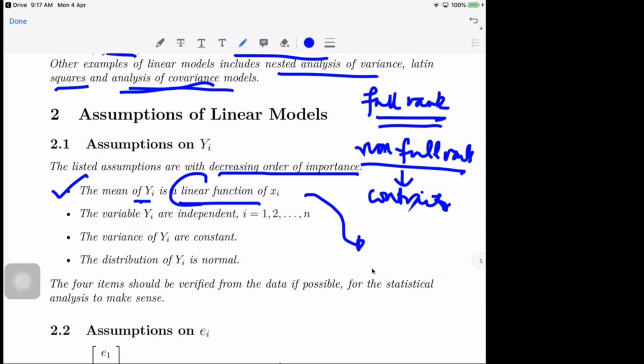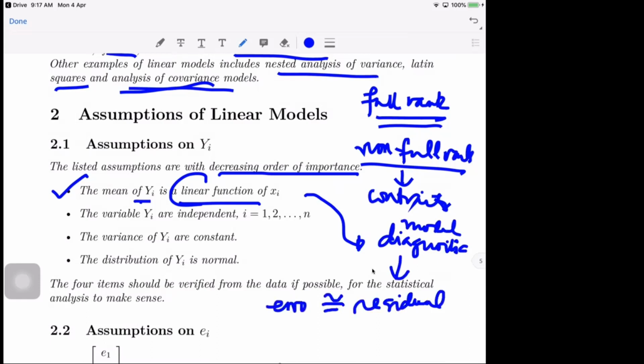Equivalently, when we say yi is a linear function of the xi, if we do model diagnostics after you fit a model, usually you look at the residual. The residual is equivalent to the error term.